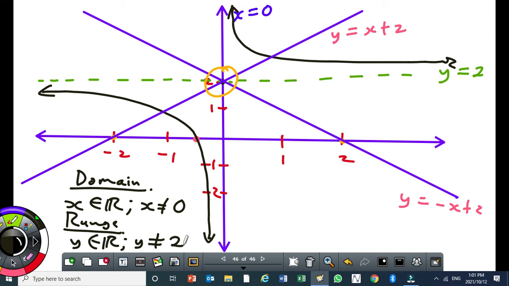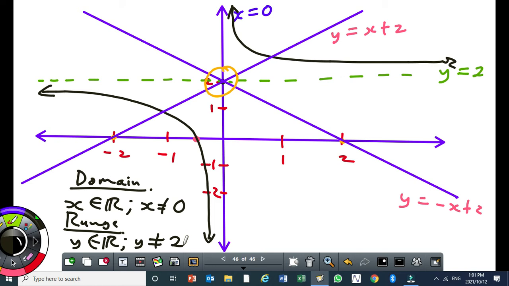Now, before I move on, I just want to let you know that in grade 10, this is how it would look. In grade 11 now, the asymptote will move to the left or to the right. That's where the p-value comes in. So when the asymptote moves, the whole graph moves, including the point of intersection.